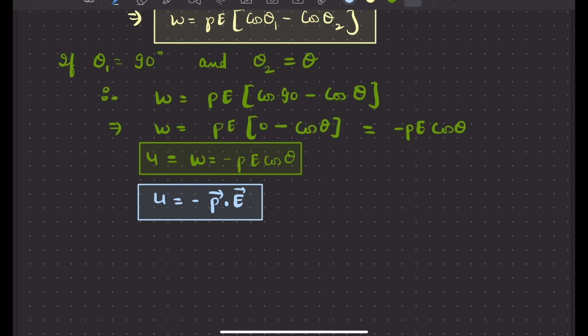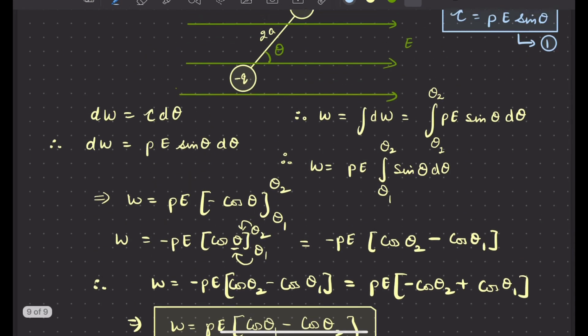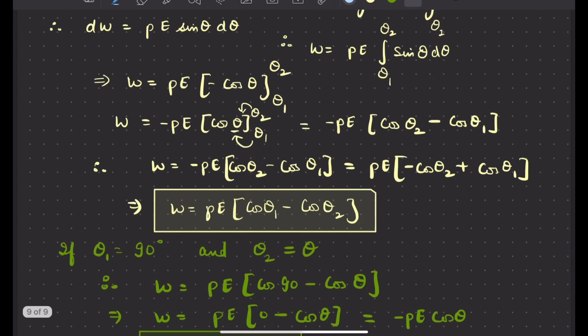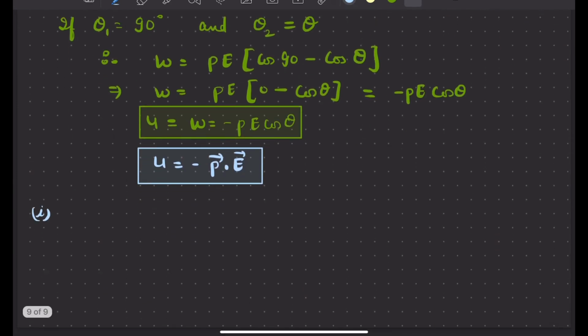Now I also want to discuss more cases, that is, if the dipole becomes parallel to the direction of the electric field. How is the dipole going to become parallel with the direction of the electric field? When the dipole is rotated such that the plus q charge lies over here and the minus q charge lies over here, that is, theta becomes 0 degrees.